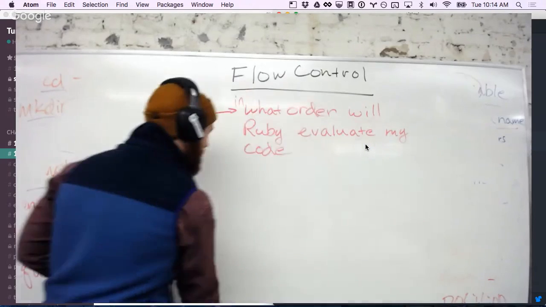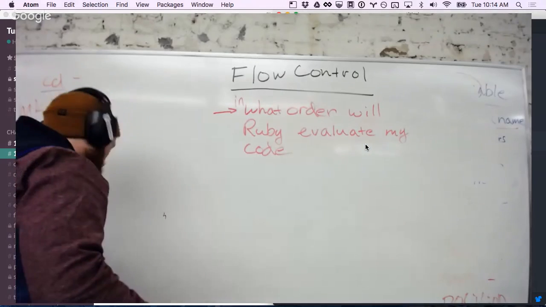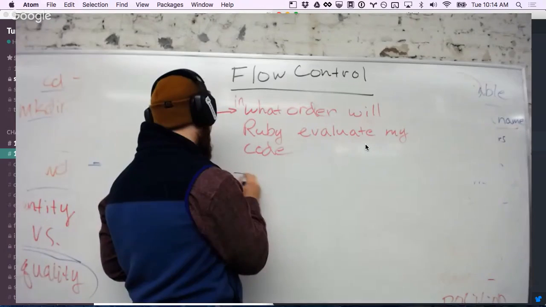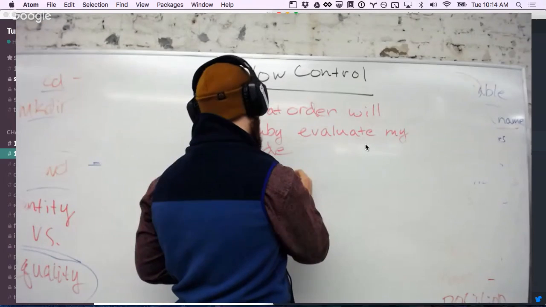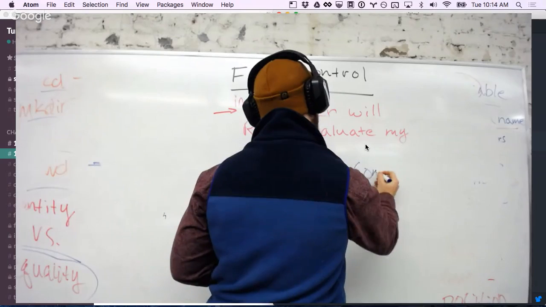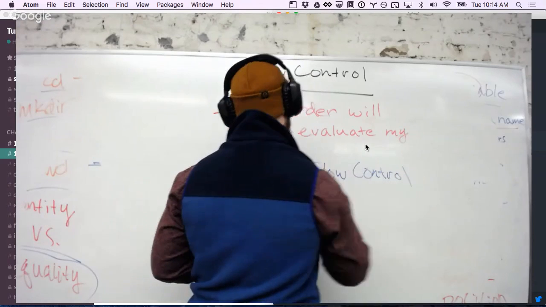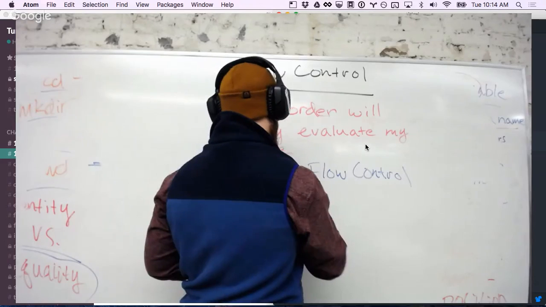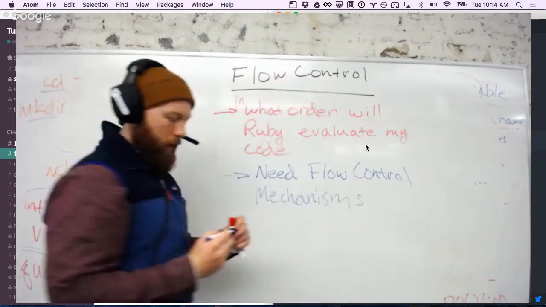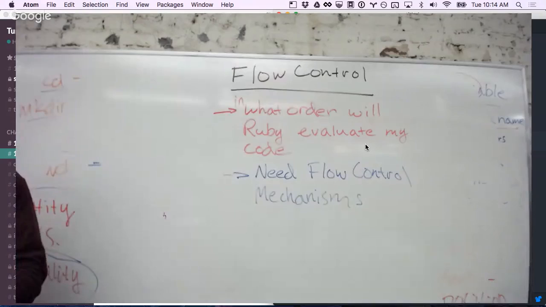And so we need some more sophisticated flow control mechanisms. We need these things in order to be able to write powerful programs.